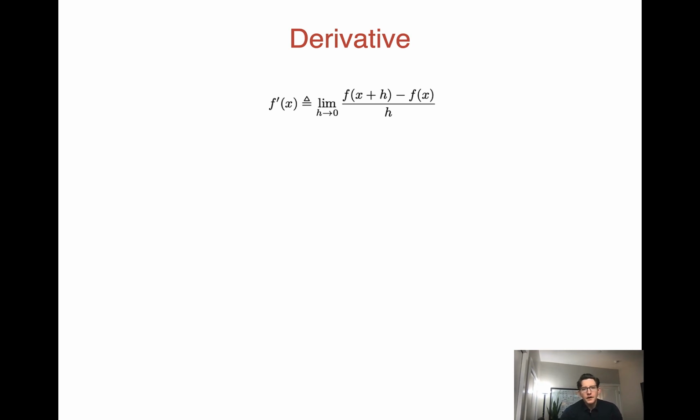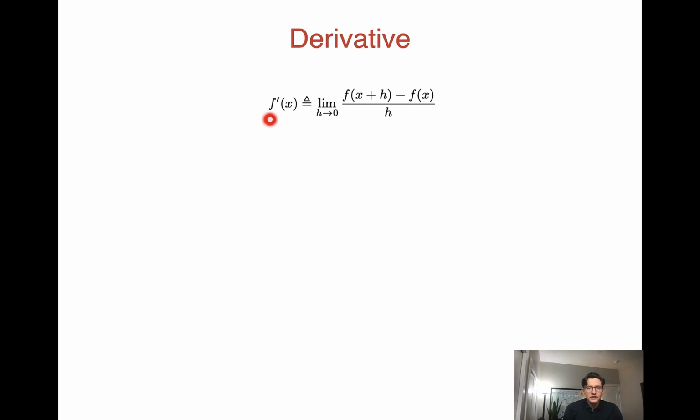That was a review of linear algebra. We're going to talk about multivariate calculus, that is, derivatives of vector-valued functions, in just a second. But first, let's remind ourselves what a derivative is. The derivative, which we write as f prime of x for some function f.